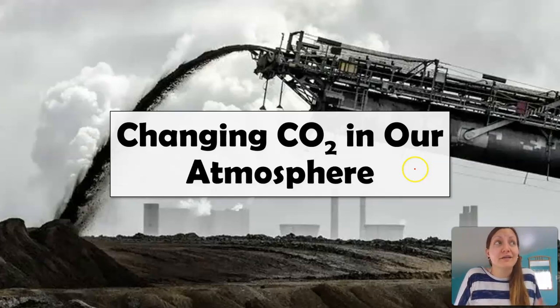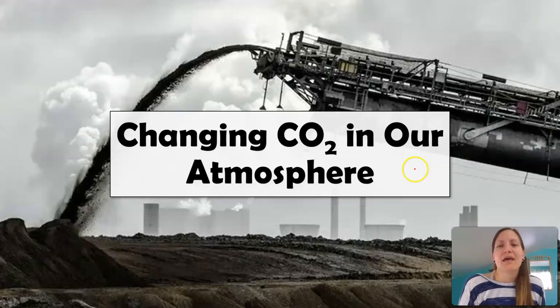We're releasing a lot compared to how it was before industrialization, really. We have been collecting this data for 70 years now, and it's only increasing even more, even faster. And that's really where our concern is. So we're going to explore in future videos the impacts of this increased carbon dioxide in our atmosphere.